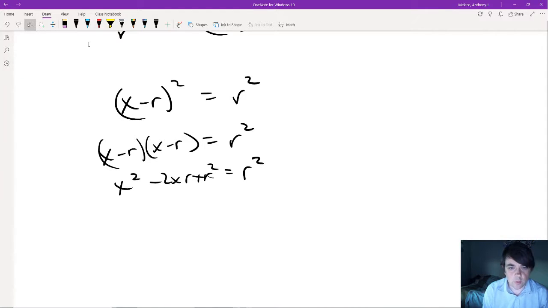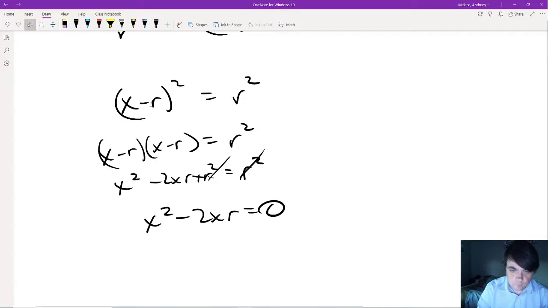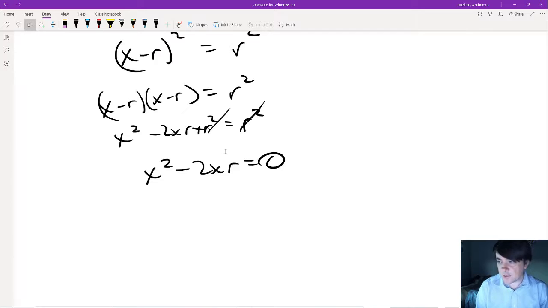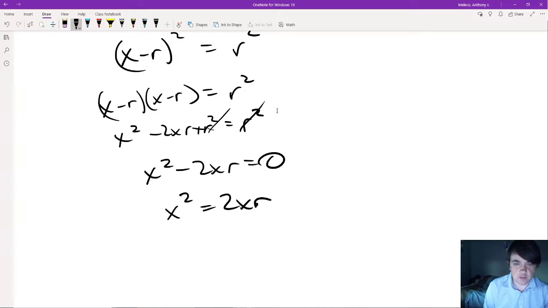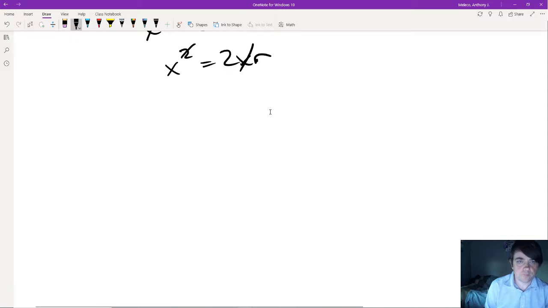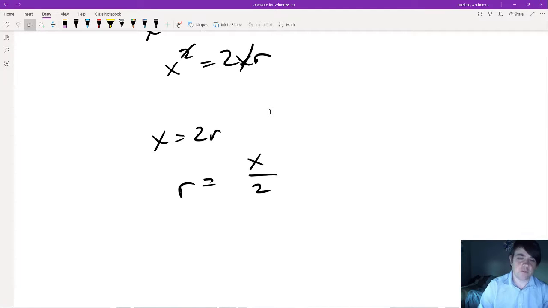These two go away. So we subtract that over. r squared minus r squared is 0. So we have x squared minus 2xr equals 0. So let's just say x squared equals 2xr, so add it over. Cancel an x, x equals 2r, or r equals x over 2.